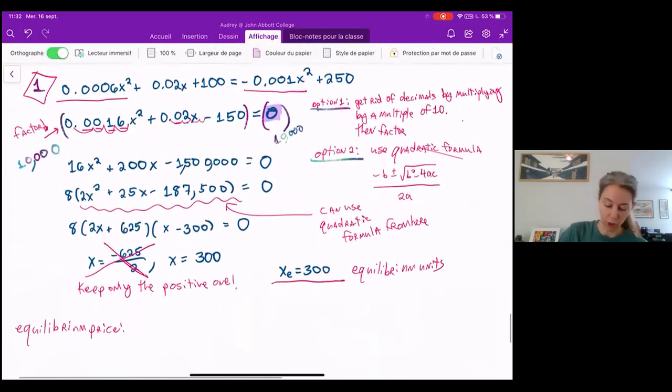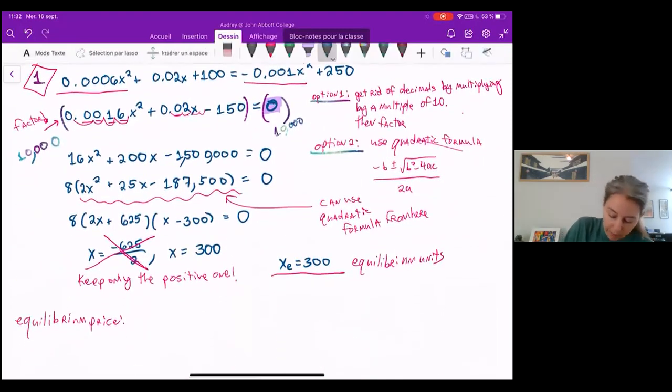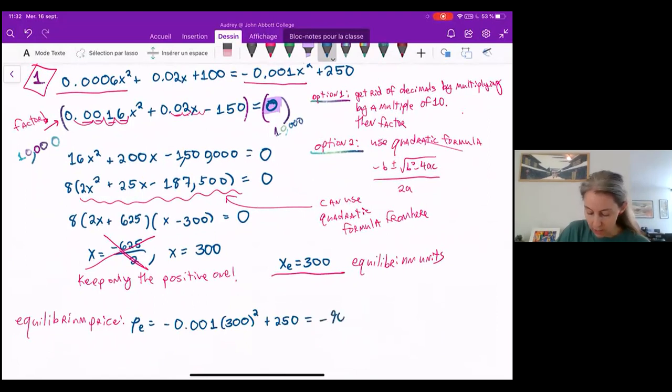So in other words, my P sub E is going to equal negative 0.001 times 300 squared plus 250, which gives me negative 90 plus 250, which will give me 160. So that is my equilibrium price.